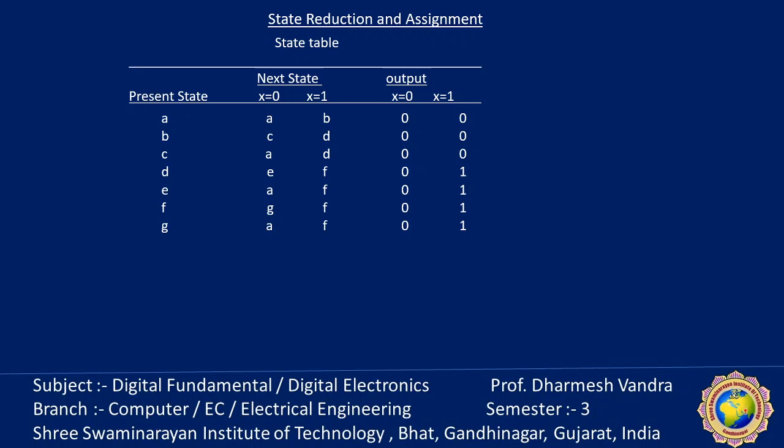As per the algorithm for state reduction of a completely specified state table, two states are equivalent when, for each member of the set of inputs, they give exactly the same output and send the circuit either to the same state or to an equivalent state.